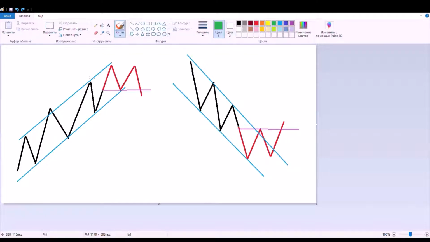We need to draw our neckline, which is right here, and we need a break under the neckline. Before we break the neckline we don't have this high probability chance of success, because after the break under the neckline we have over 80% chance the price will continue bearish.